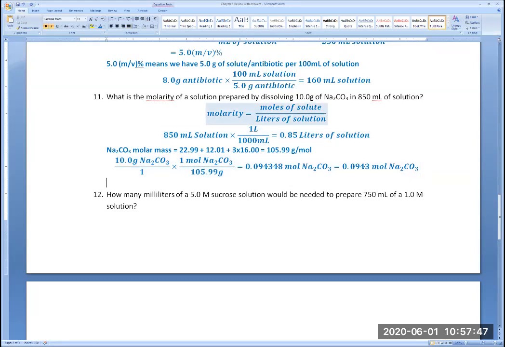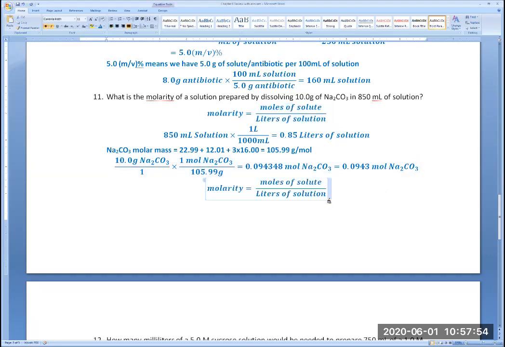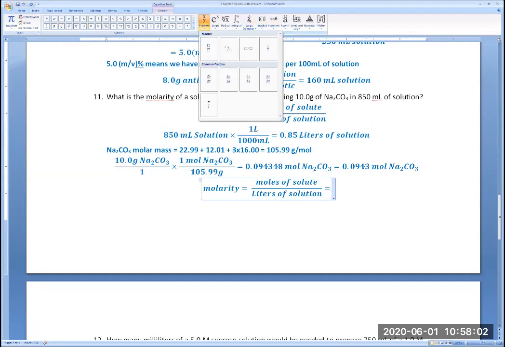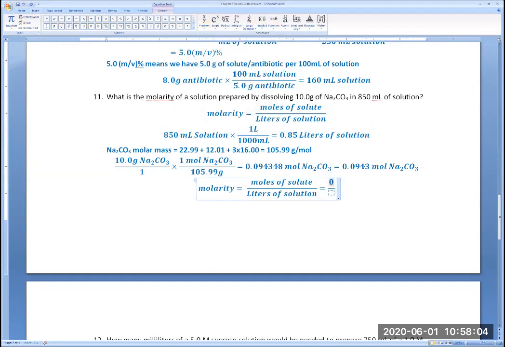So now we are ready to do the molarity. And let's copy that here and continue. And so we are able now to plug in the values of moles and liters. So on top, it's going to be 0.0943. Actually, it's an intermediate answer, and I should not have really rounded it.